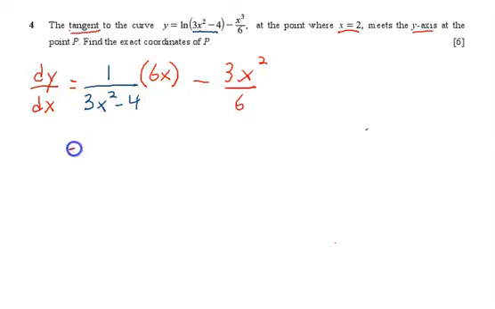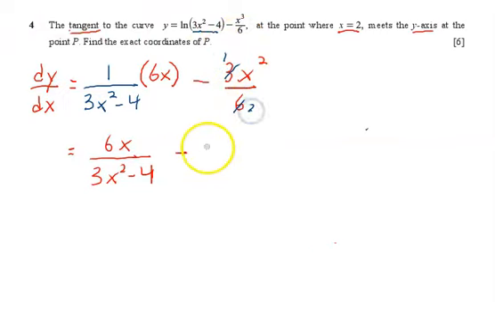We try to simplify this: the 3 and 6 simplify to 1 and 2, so it becomes x squared divided by 2. This dy/dx is actually the gradient of this curve. It is the gradient.